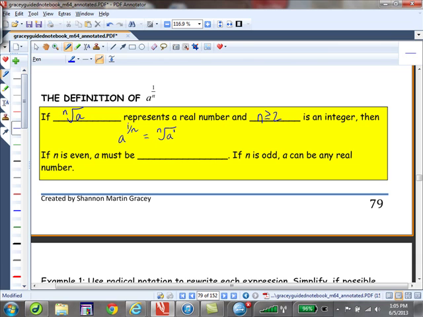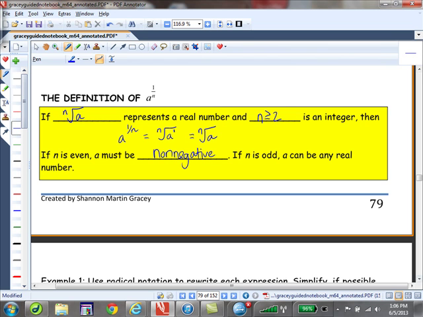The 1 is the power on the a, and n is the index of the radical, which of course is just the nth root of a. If n is even, a must be non-negative, and if n is odd, a can be any real number.